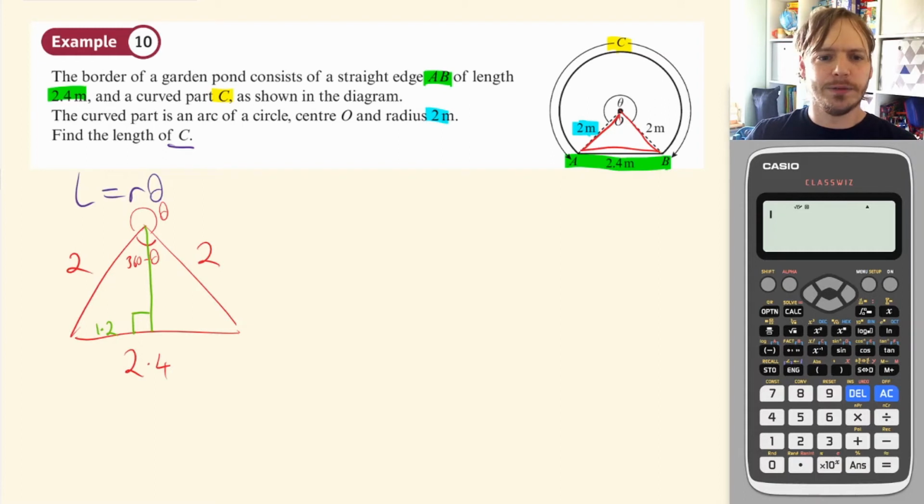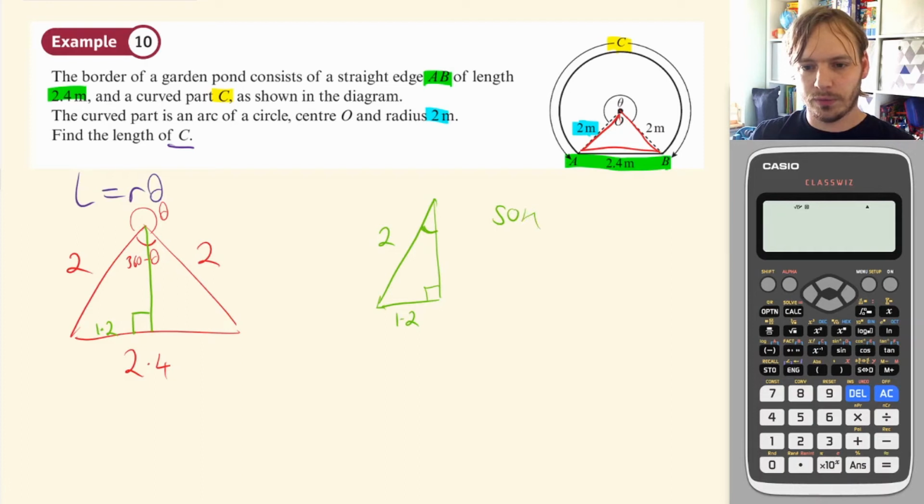That speeds up the process massively because I don't need to use the cosine rule now, which is a bit laborious. So now I'm looking at just this triangle here with a base there of 1.2 and a hypotenuse of 2, and I want to know this angle up here. Well, now we can just use SOHCAHTOA, basic right angled trigonometry, to sort this out.